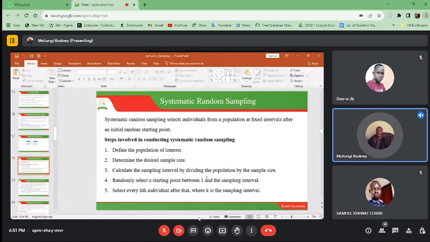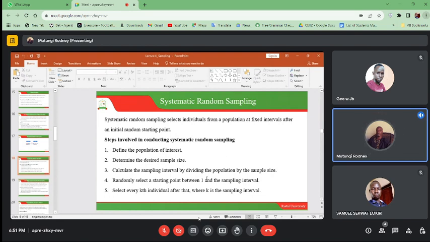Now from number 2, we are going to move 10 steps. So from number 2, we shall now go to 12, okay? So that would be our second person to take part in this study. We keep on going until we get 100 people, which we had seen as our desired sample size.